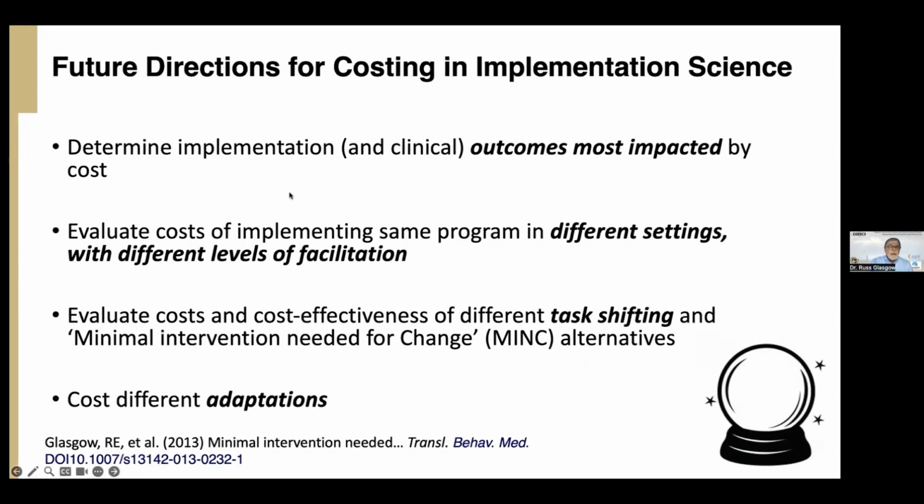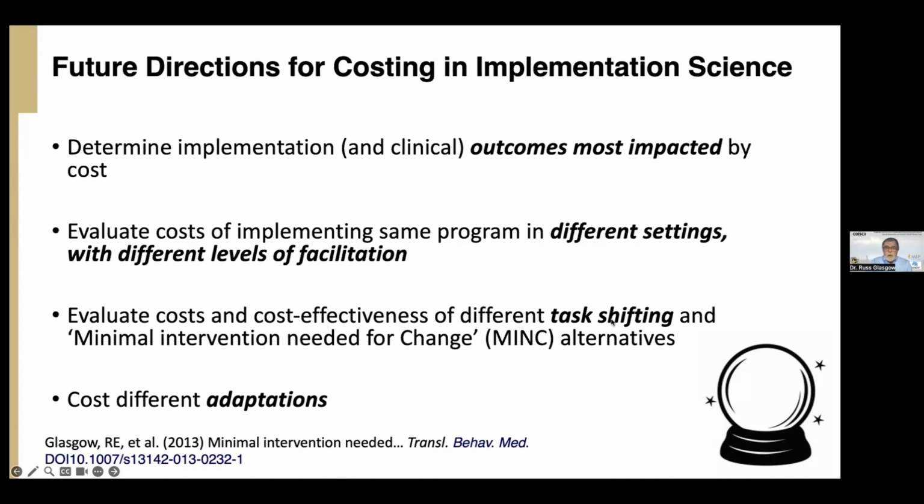For the future, some of the exciting issues, why I'm very pumped up about costing, is to look at issues like I've outlined briefly here. For example, which outcomes, both implementation outcomes and effectiveness or service outcomes, are most impacted by cost. Looking at the replication cost of the same program in different settings, especially with different levels of facilitation.